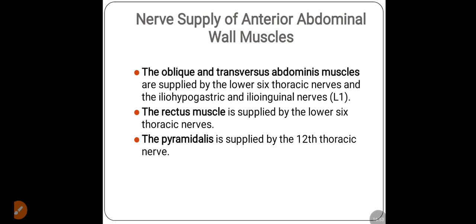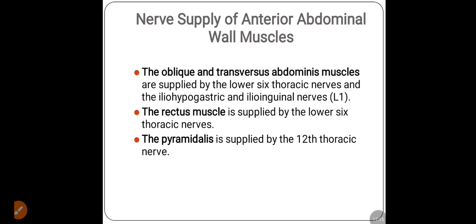The rectus abdominis muscle is supplied only by the lower 6 thoracic nerves, while the pyramidalis is supplied only by the subcostal nerve or the 12th thoracic spinal nerve. Is it clear?